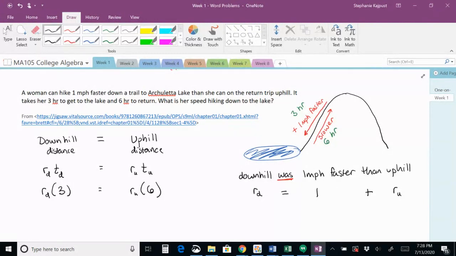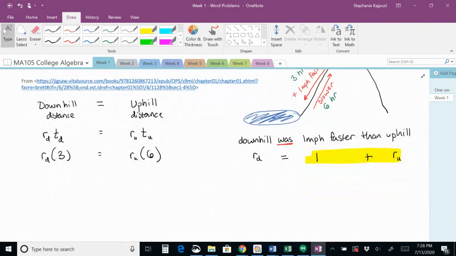So now that I have that, I can take where I have RD in my equation and replace it with 1 plus RU. And I'm going to make sure I have this in parentheses, because this is RD times 3, and it's not just RU times 3. It's that whole thing that RD is equal to, times 3.